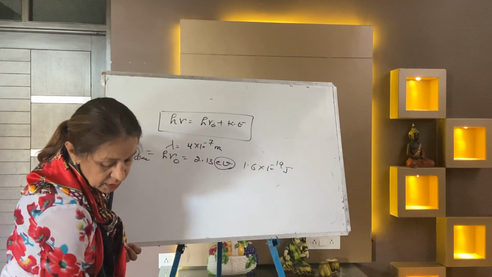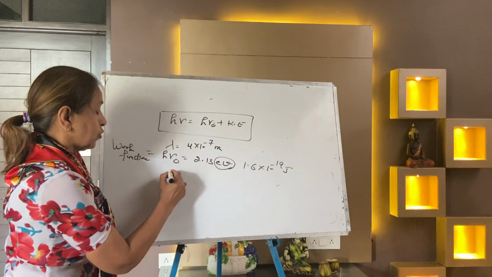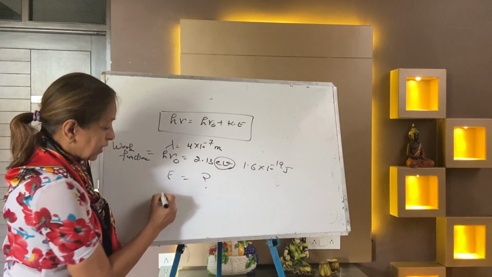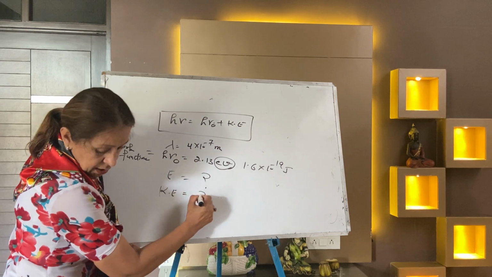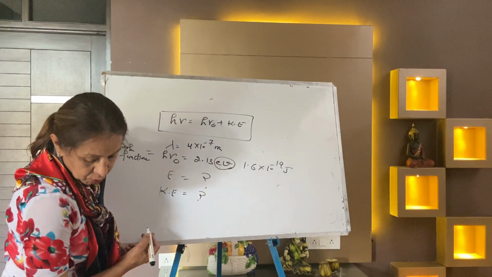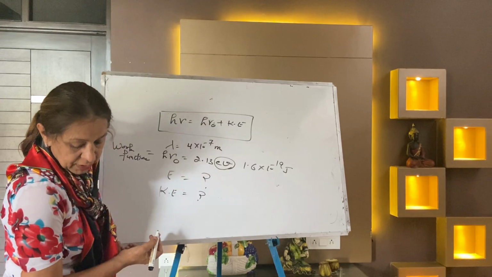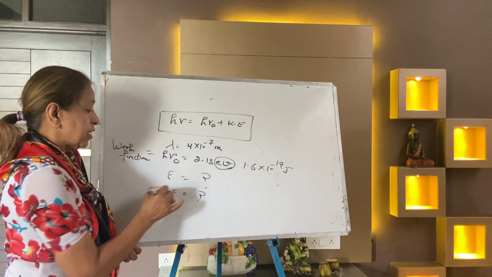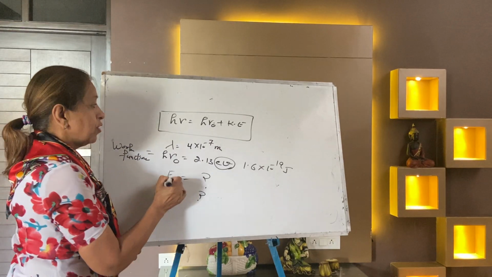Next, the question is: calculate the energy of the photon, and also calculate the kinetic energy as well as the velocity of the electron. Now I am taking the first energy. I will calculate the energy first.